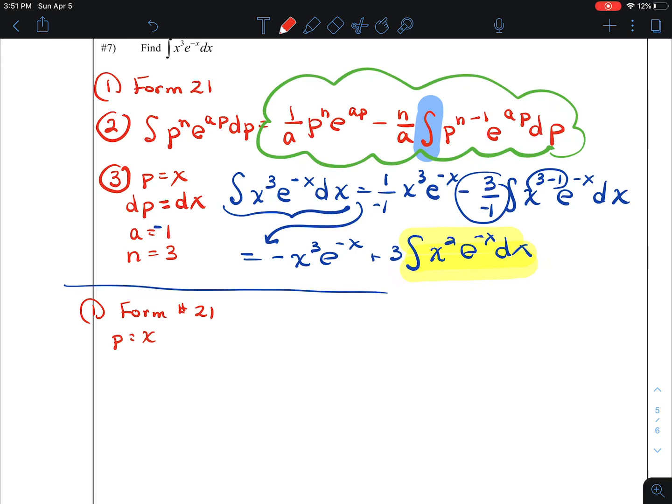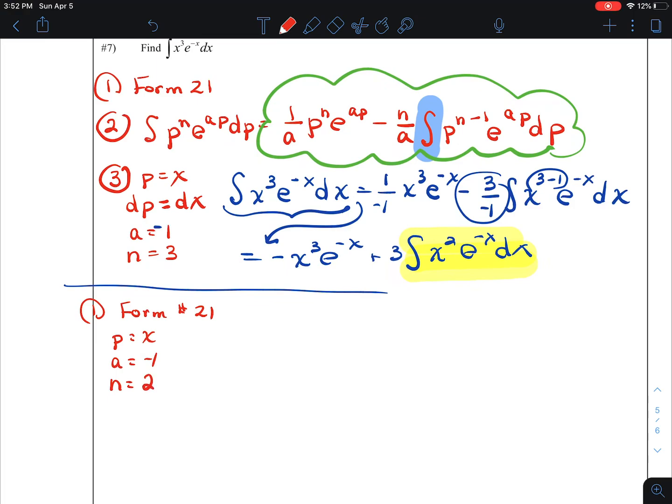I do need to adjust what my substitutions are going to be. I'm still going to plug an x in for all the p's. The a is still a -1, but this time, if you look at the exponent on the x, see how originally it was a 3? Now it's been reduced to a 2. So I'm going to say the n is a 2.